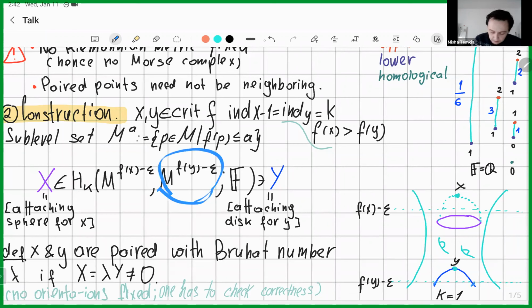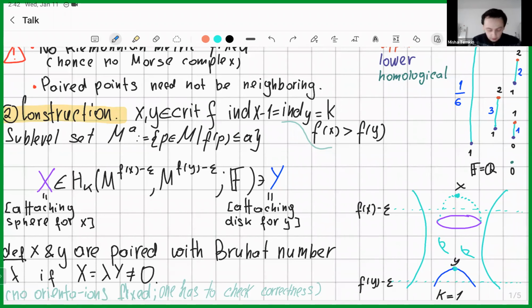So this class is essentially a relative one. Now I have two classes, two vectors in my vector space, and the definition is that two critical points x and y are paired with Brown number lambda if big X equals lambda big Y and both are non-zero. If these two vectors are proportional, we say that x and y are paired, and the coefficient of proportionality is exactly the Brown number.